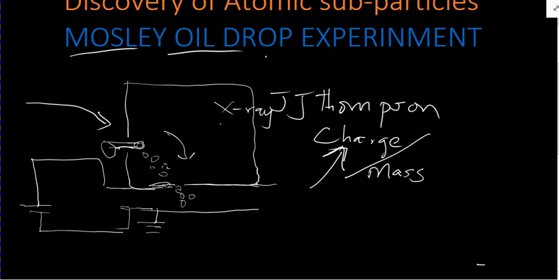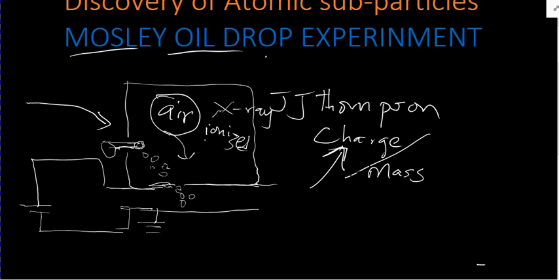X-ray was bombarded into the air in this chamber. Of course, the chamber contains air. The bombardment of this X-ray into the air found in this chamber causes the air to be ionized.